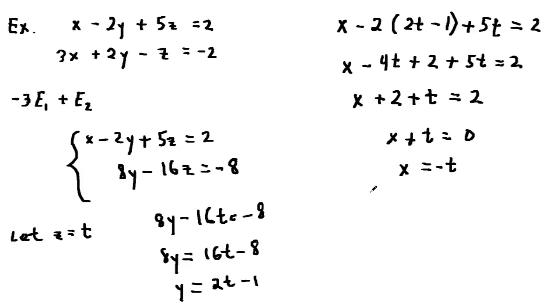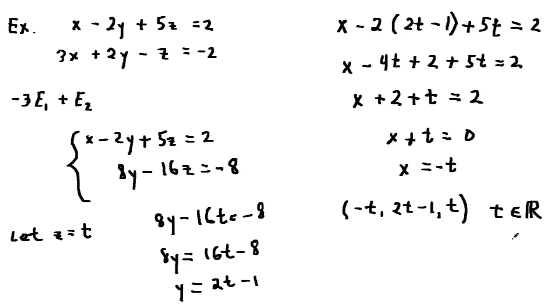Okay. So x is minus t. Y is 2t minus 1. And z is t. So we have the set of all points like this, where t is any real number.